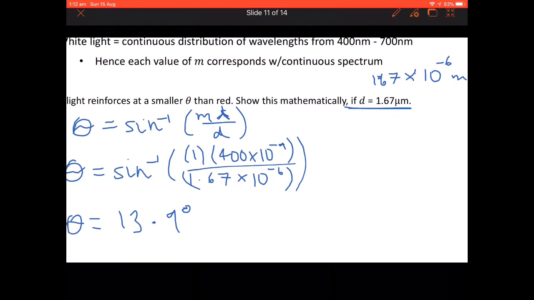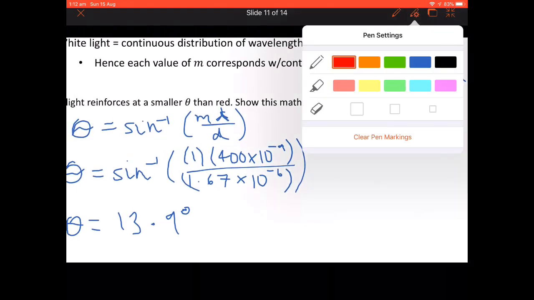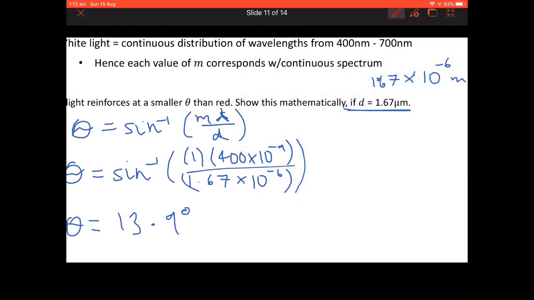I'm just going to zoom in to do this for the red light because I'm running out of space. So for red light, theta is going to be equal to inverse sine of m, which is 1, and then 700 by 10 to the negative 9 meters, which is the wavelength, divided by 1.67 by 10 to the negative 6.